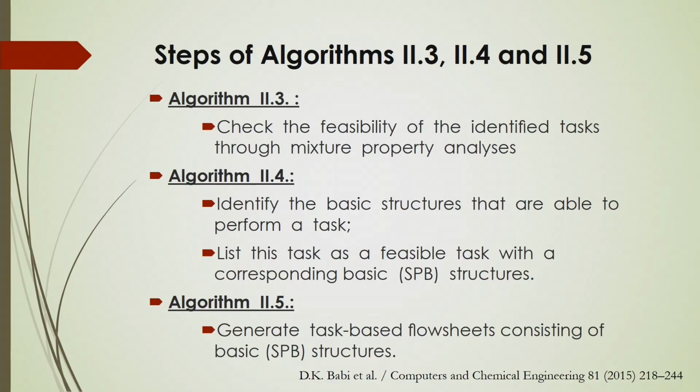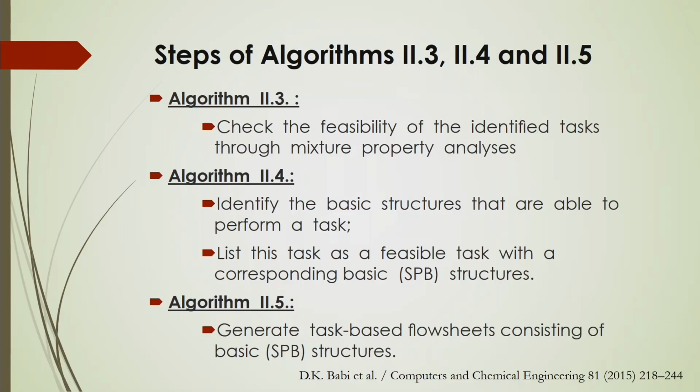And what are the steps of algorithms 2.3, 2.4 and 2.5? In algorithm 2.3 you have to check the feasibility of the identified tasks through mixture property analysis, and in algorithm 2.4 you identify the basic structure, and also make a list of the feasible tasks with the corresponding basic structures, those that will be able to perform a particular task.